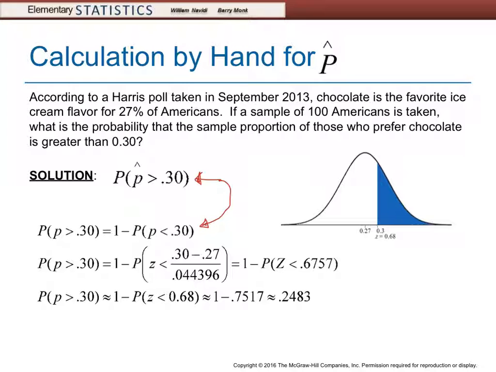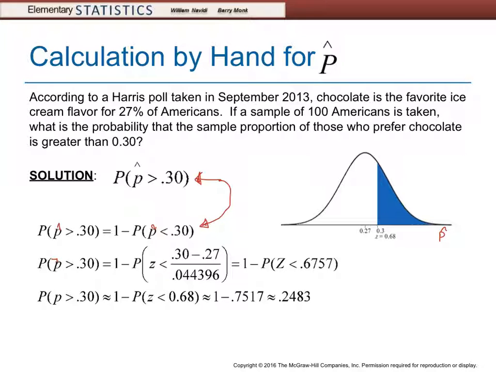The first thing you'll notice is that since our z-table cannot calculate probabilities above the value for p hat, we now have to do the complement: 1 minus the probability of p hat less than 0.30.